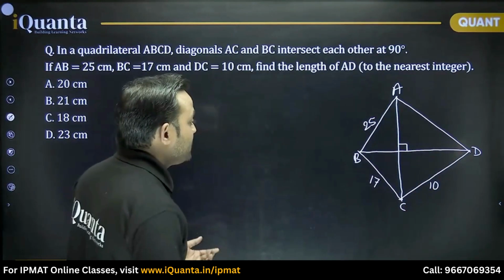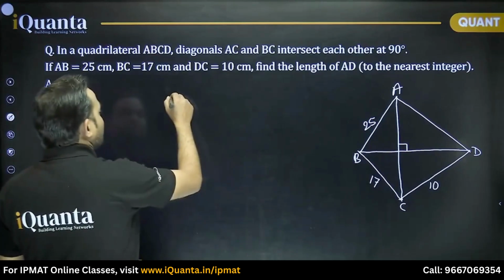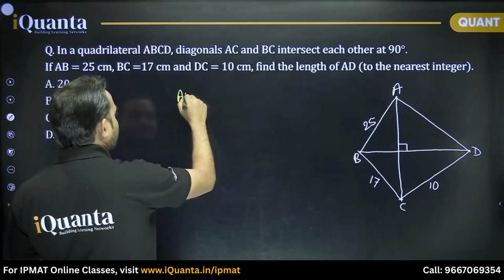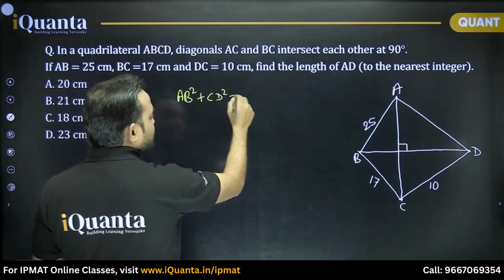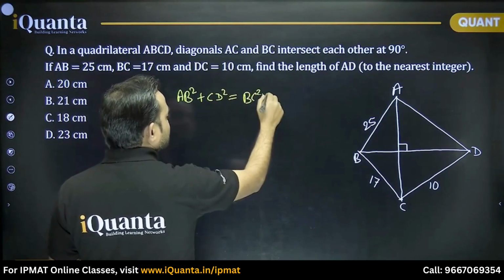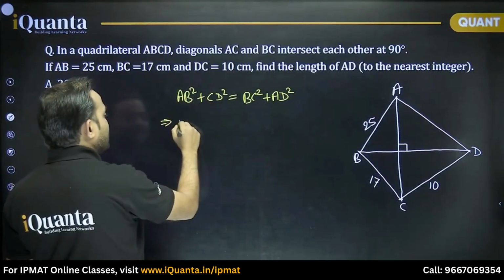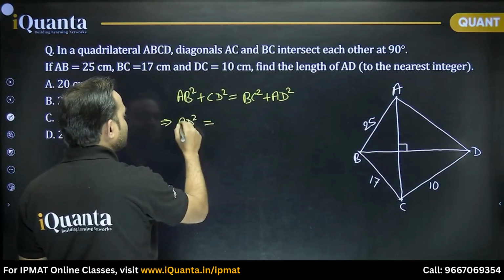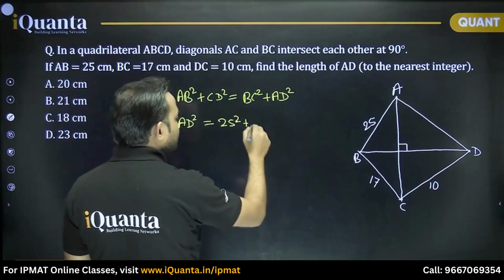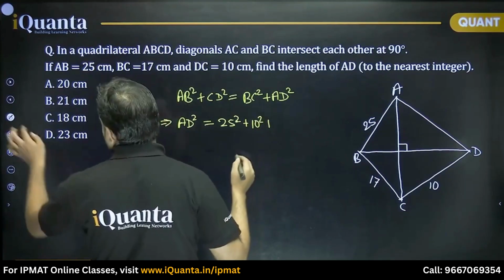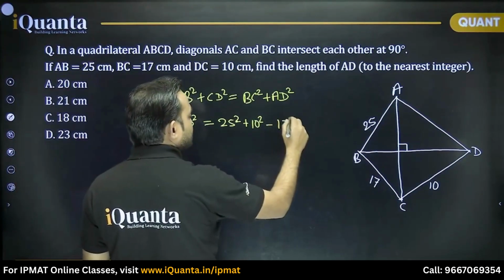So what do we know? In any quadrilateral, if diagonals are perpendicular to each other, we can say that AB square plus CD square will be equal to BC square plus AD square, or we can say that AD square will be equal to AB square, which is 25 square, plus CD square, which is 10 square, minus BC square, which is 17 square.